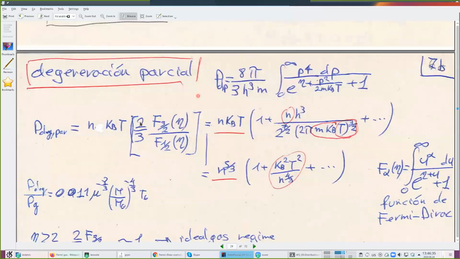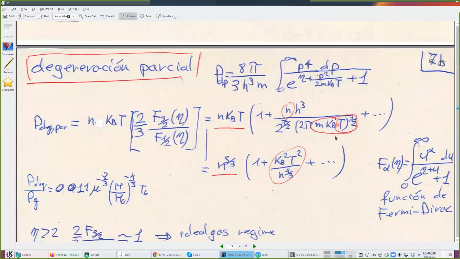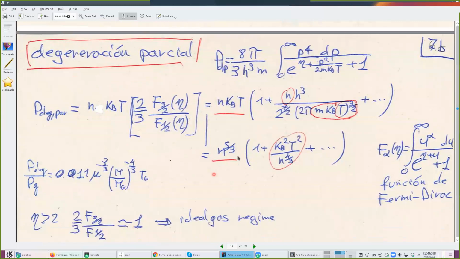In partial degeneration, you see here, you have the mixed situation. You can write it as an ideal gas with this correction, or as a degenerate gas with a correction for the temperature. So they are not perfectly separated.